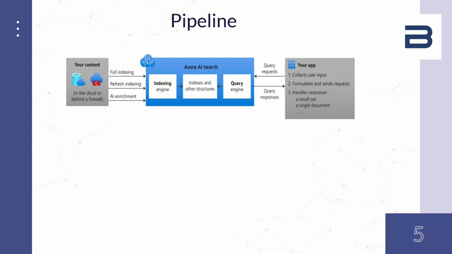Then when you get to that point, the query engine gets kicked off, and that query engine is built with searchable content. That means you have the ability to sort, filter, and build search suggestions, which I'm going to talk about later in the demo.